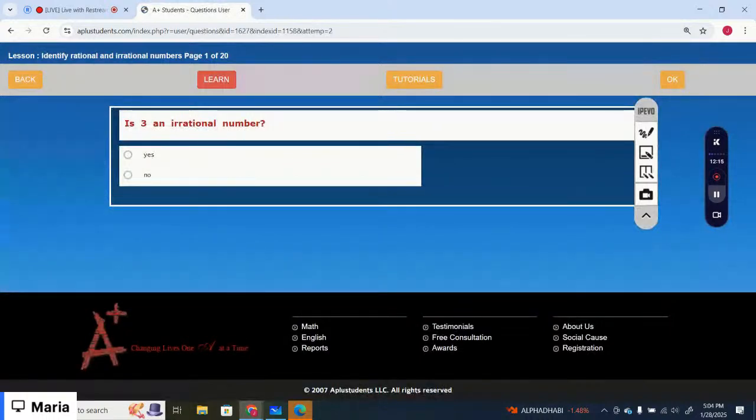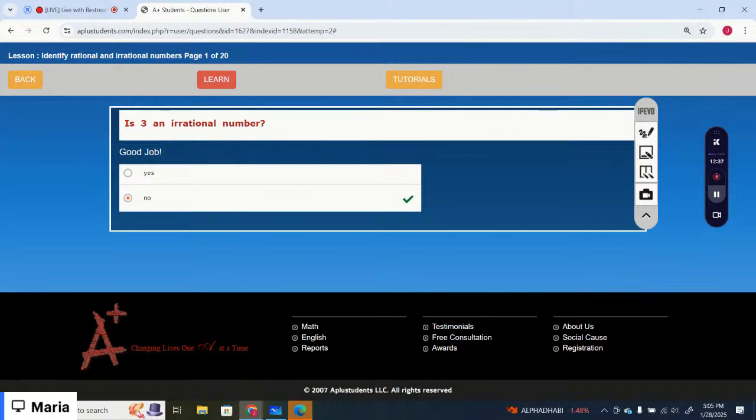Is 3 an irrational number? The correct option is no. You can write 3 in fractional form, as 3 by 1. So that is a rational number.